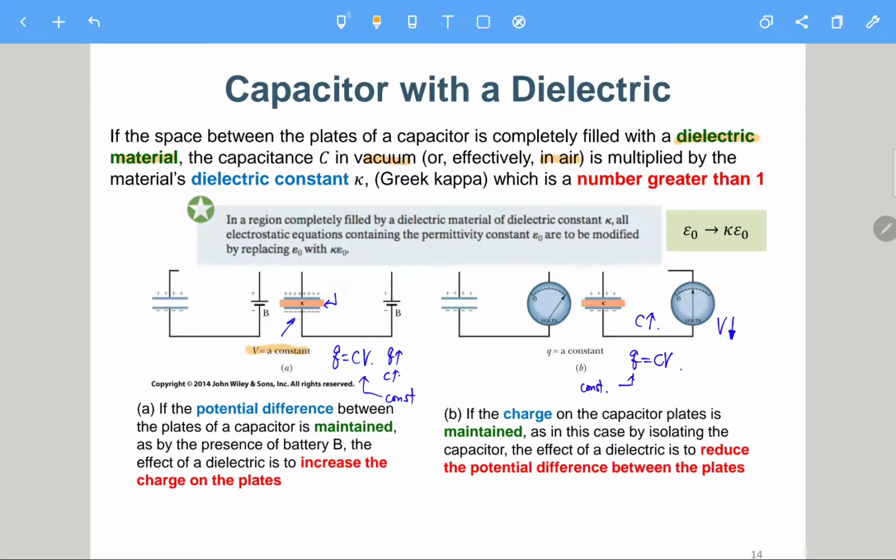So usually it will mention in vacuum, or it is equivalent to be in air. It's multiplied by a material dielectric constant, kappa. It is actually a Greek letter, not K. It is kappa, which is always greater than 1.